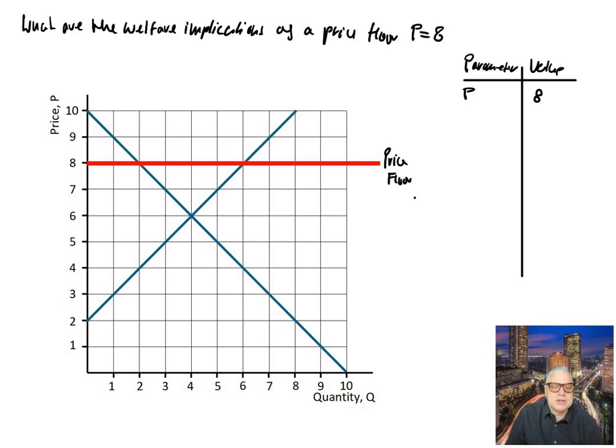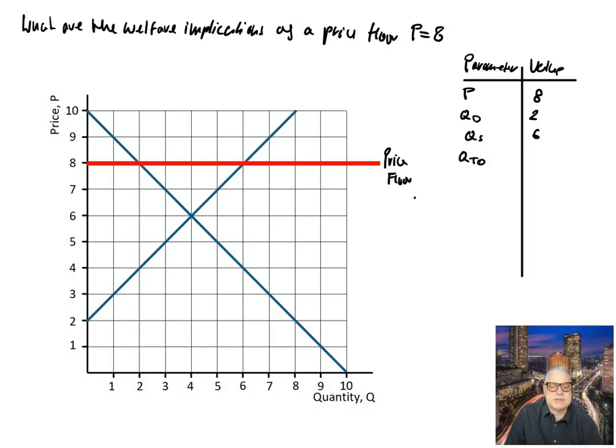And so now what is quantity demanded? So quantity demanded is 2 and quantity supplied is 6. So that means we have excess supply of 1, 2, 3, 4. And the question is again, how much is actually being turned over in the market?